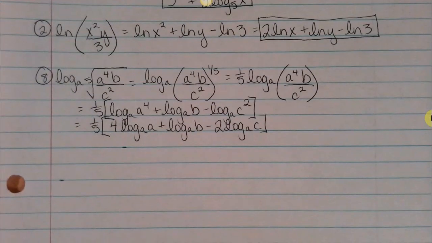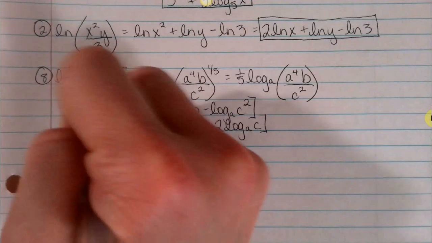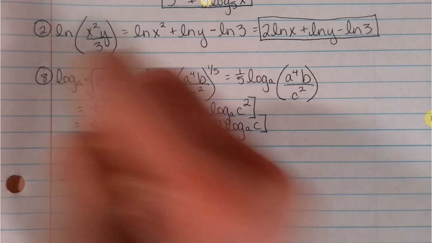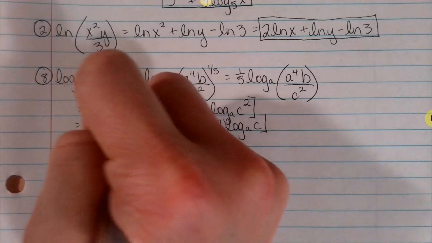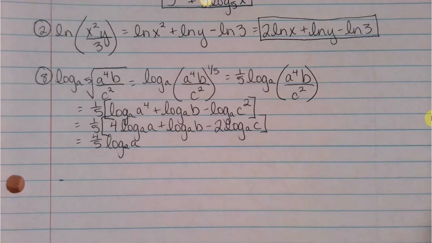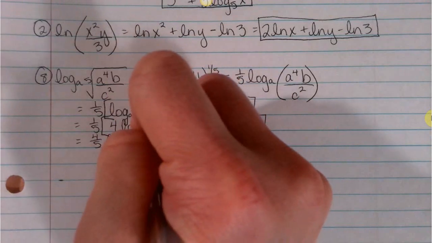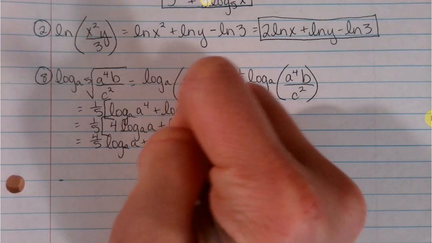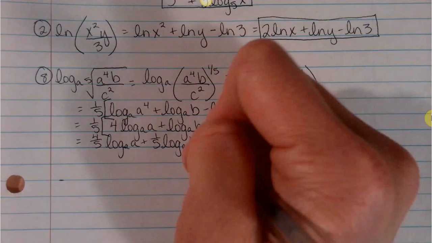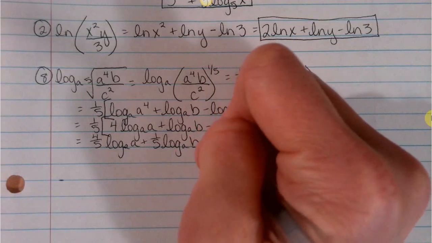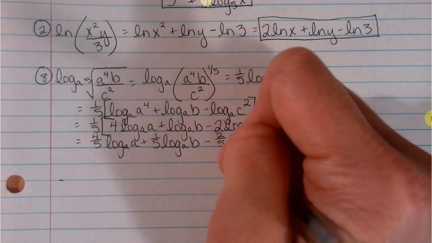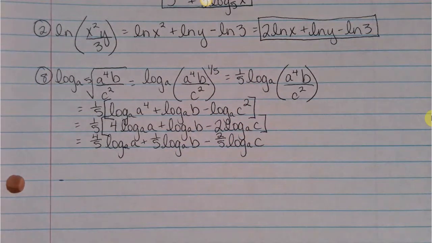And then I'm going to distribute that 1/5 to get 4/5. 1/5 times 4 would give me 4/5 log base a of a plus 1/5 log base a of b minus 1/5 times 2 is 2/5 log base a of c.